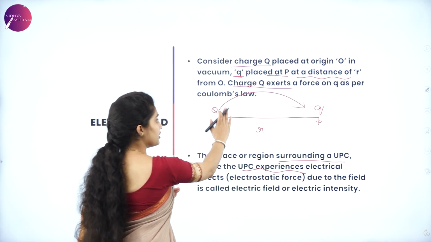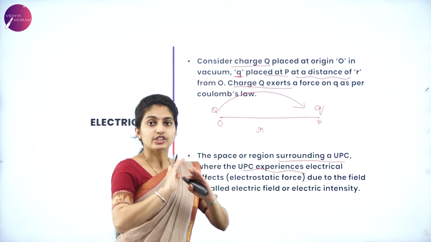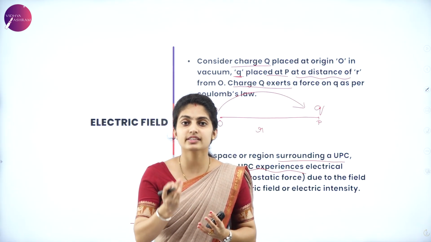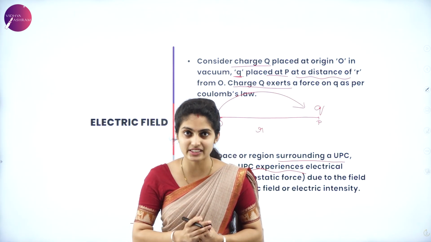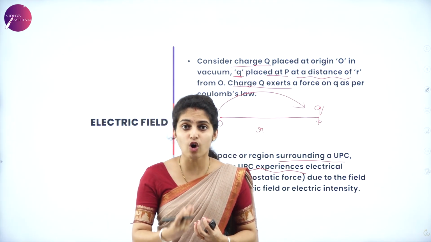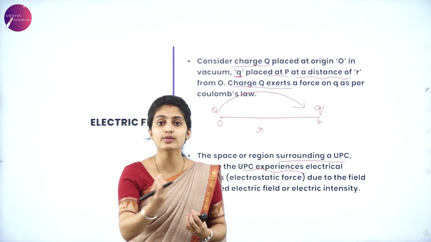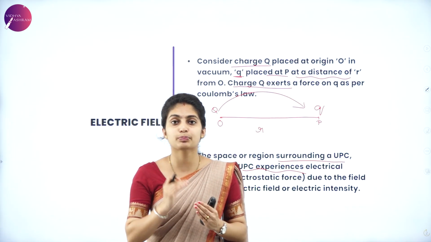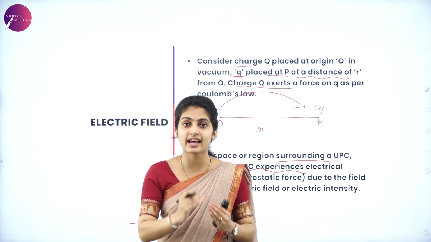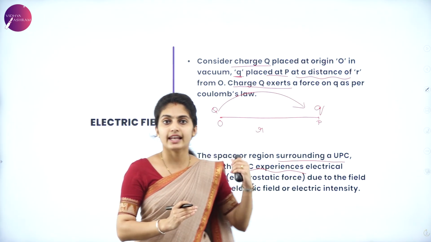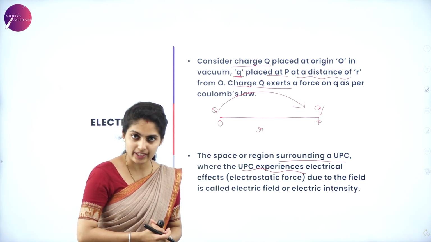Wherever the source charge is present, surrounding that there is a certain influence of electricity, that is, the neighboring charges present surrounding the source charge will experience a certain field, and that is nothing but the electric field which it experiences.